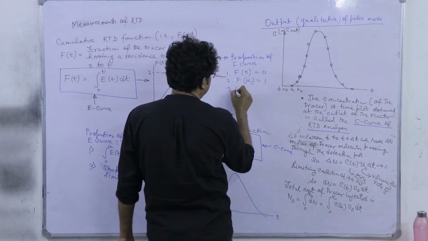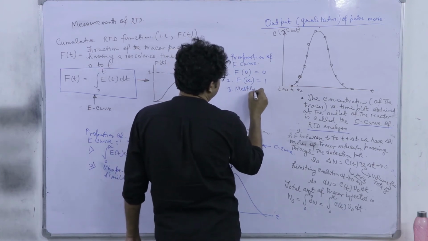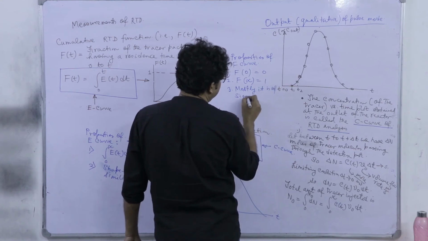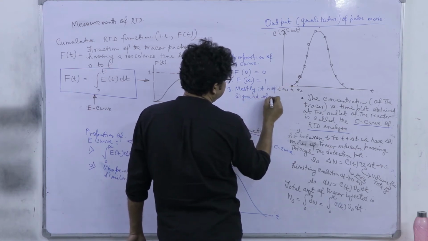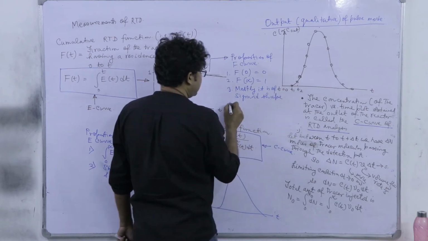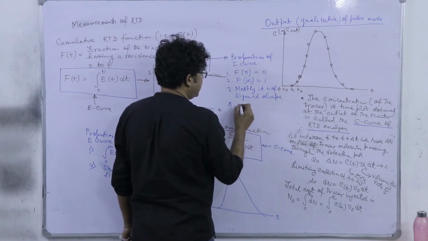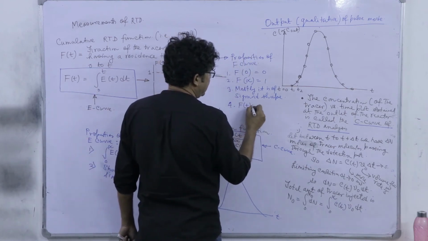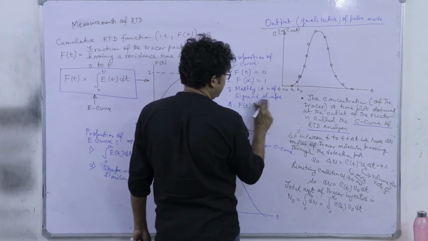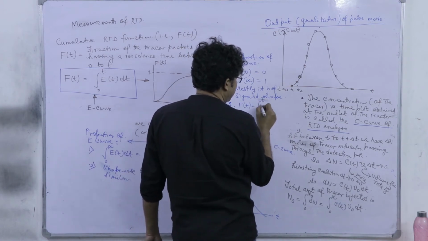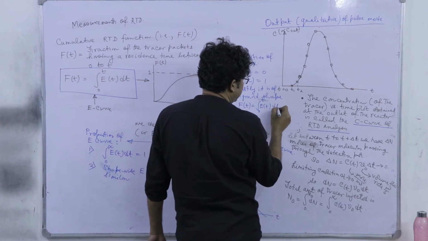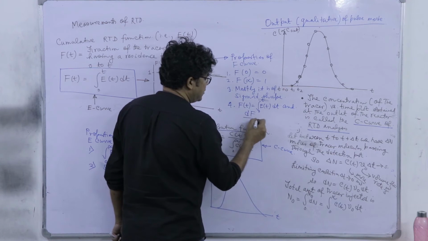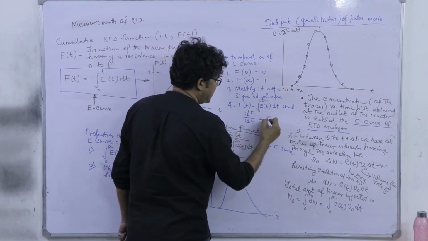Number 3, mostly it is of sigmoid shape. Number 4, if you have got Ft equal to 0 to t Et dt, we can get back to E curve by taking the derivative.